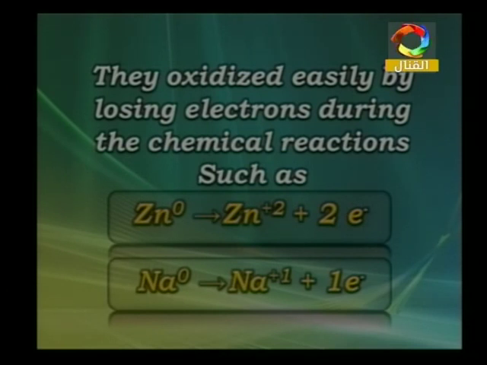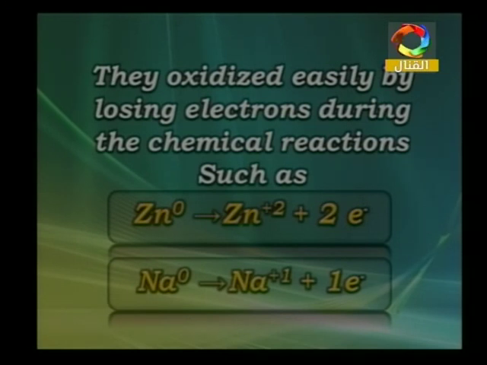So they are oxidized easily by losing electrons during chemical reactions such as, again, going back over the part of the diagram of half cells: Zn0 as an atom changes into Zn2+ ion plus 2 electrons. Why? Because it loses 2 electrons during any type of chemical reaction.